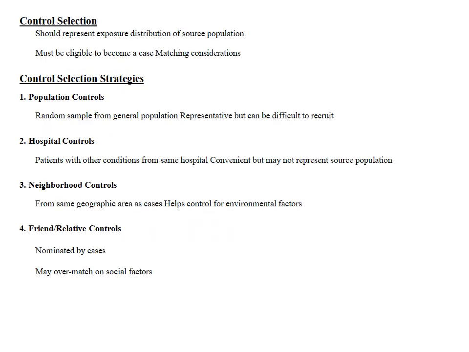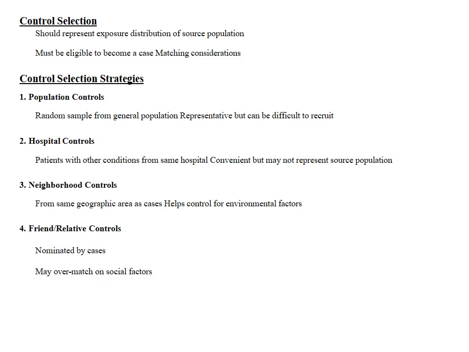Control selection should represent the exposure distribution of the source population, and controls must be eligible to become a case. Matching considerations. Control selection strategies. Number 1 is population control, hospital control, neighborhood control, friend and relative controls. Population control: random sample from the general population, representative but can be difficult to recruit.